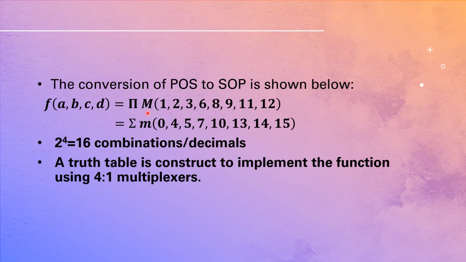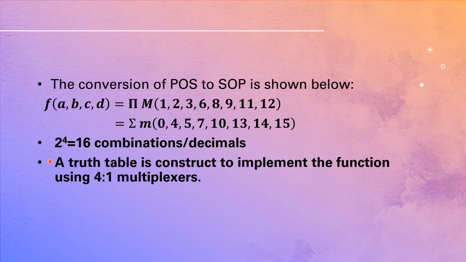In this case, the remaining entries will be 0, 4, 5, 7, 10, 13, 14, and 15. Next, we can use 2 to the power of 4, which is 16, to indicate the combinations of the decimals for the SOP in the truth table later on.